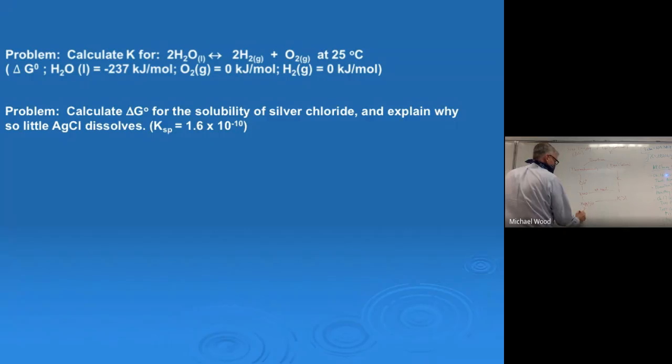And if this is positive, then the K would be less than 1. So this would be a spontaneous reaction. This would be a non-spontaneous reaction. This would be favorable in the forward direction. This would be in the reverse direction.